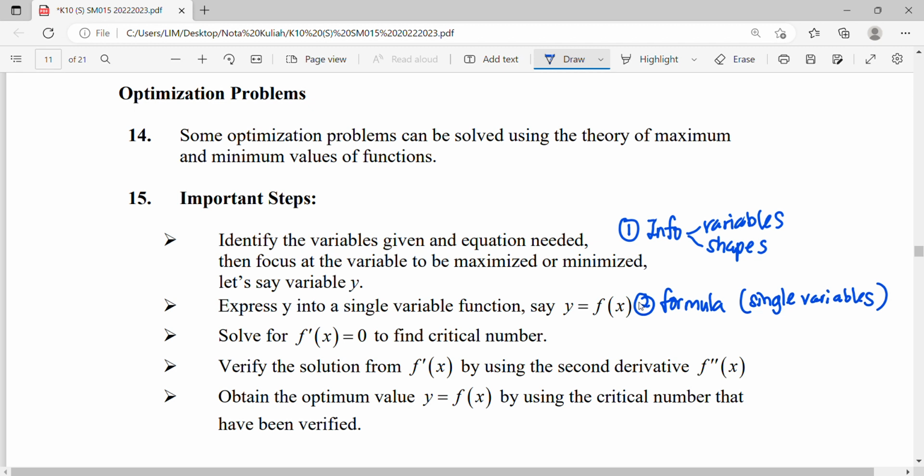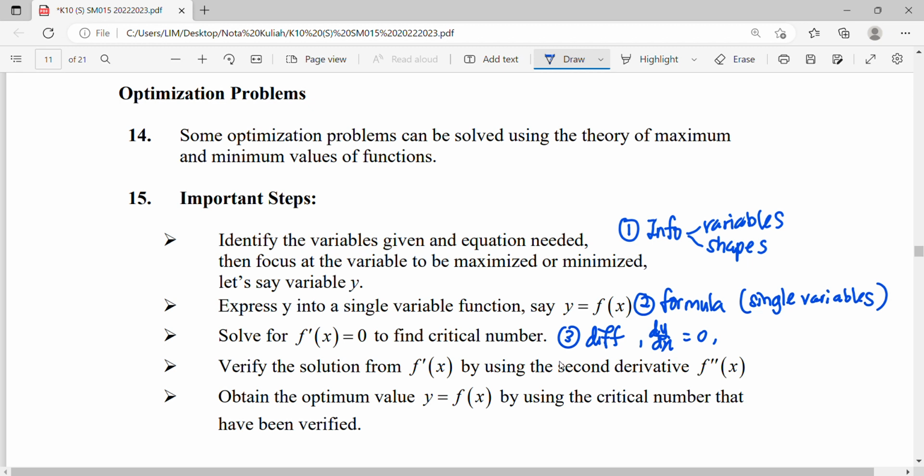Then step 3, you differentiate it. You find the critical number: you differentiate, let dy/dx equal 0, and solve for your critical number.